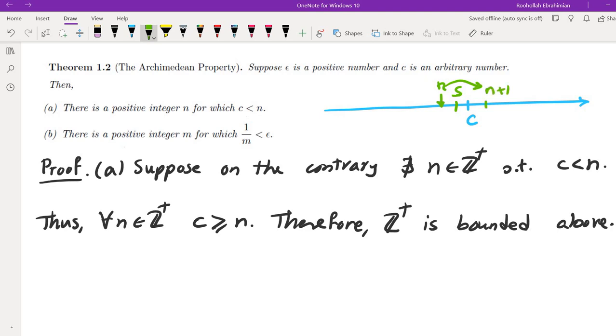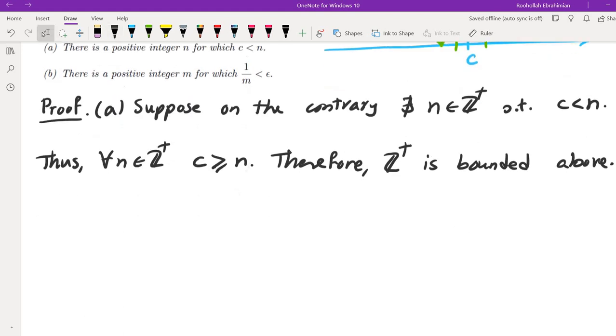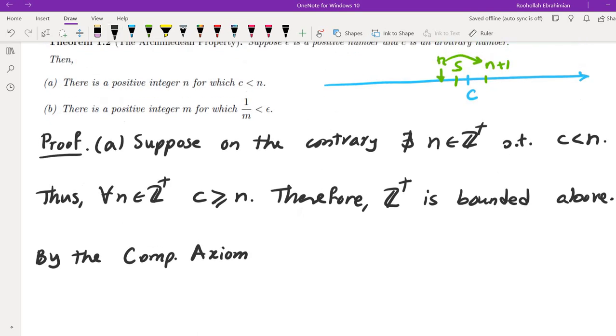So n plus 1 goes above that. Here's how we're going to articulate that. By the completeness axiom, I'm going to call s the supremum of Z plus. This exists.